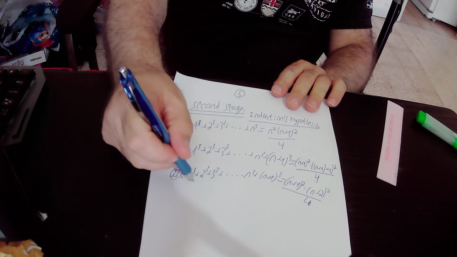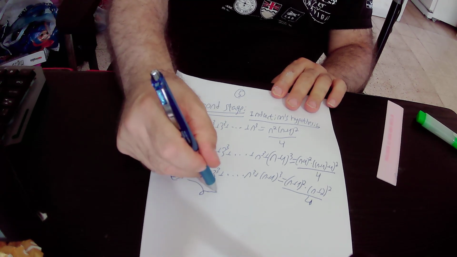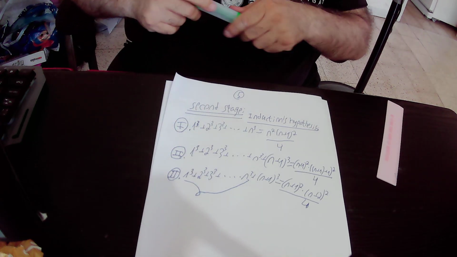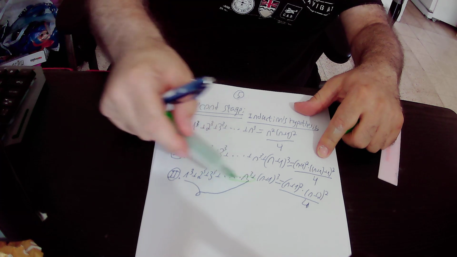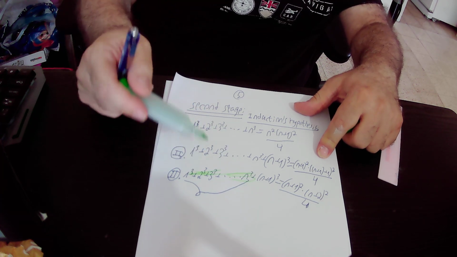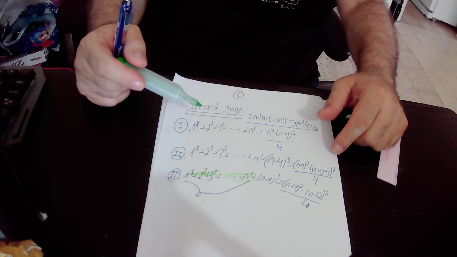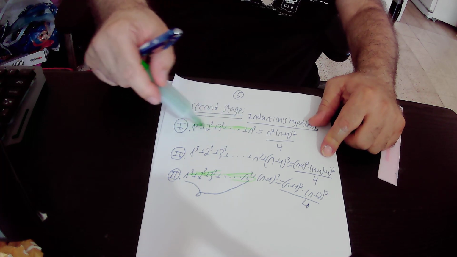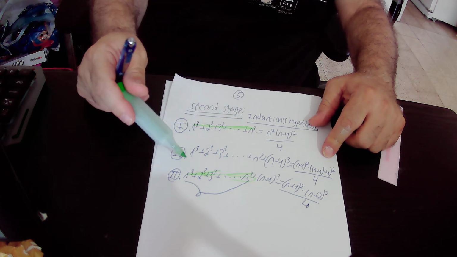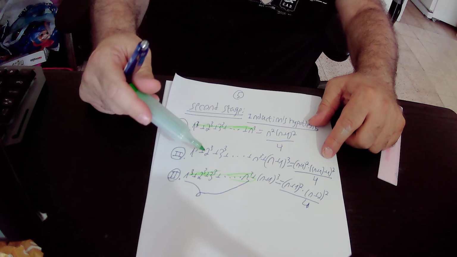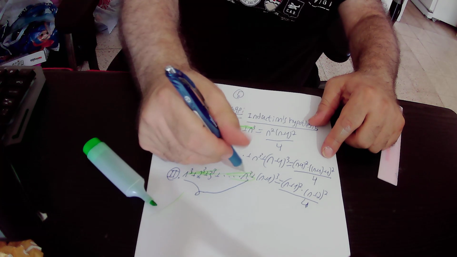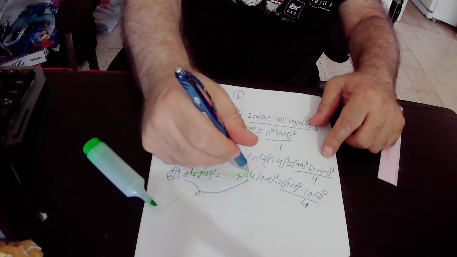We should look at this expression, and actually this expression is exactly the same as this expression. They are identical: 1 to the power of 3 plus 2 to the power of 3 plus 3 to the power of 3 plus ... plus n to the power of 3.